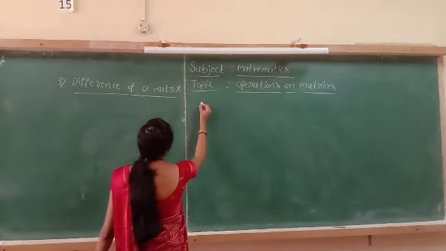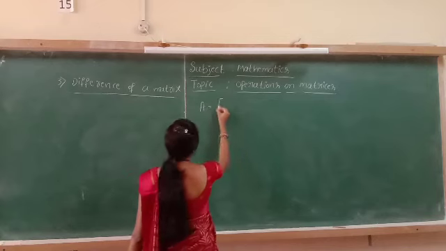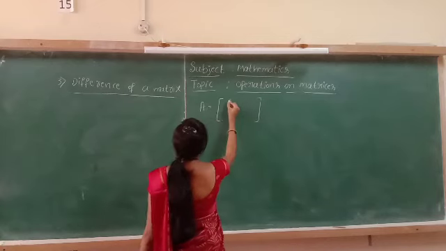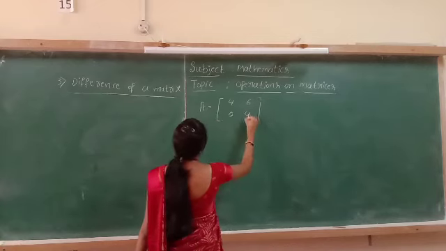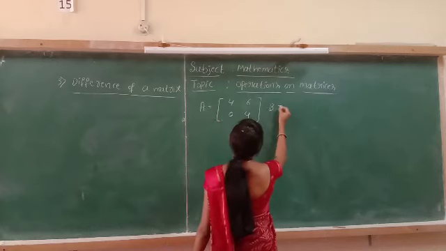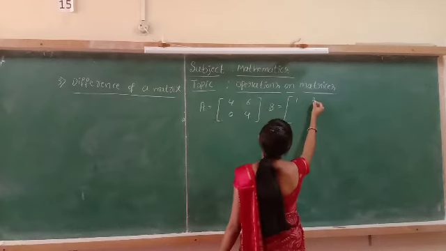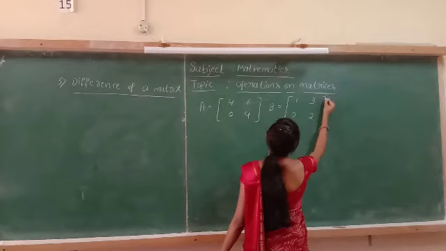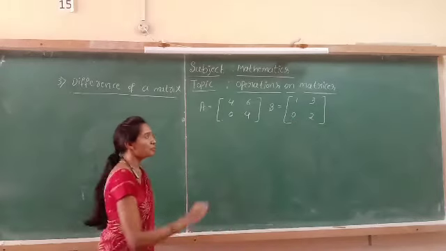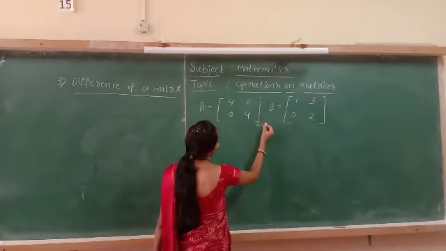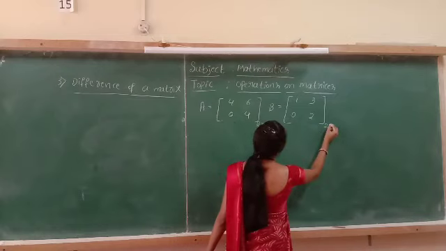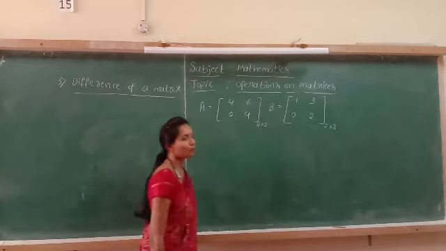Let capital A be 4, 6, 0, 4 and capital B be 1, 3, 0, 2. So capital A has the order 2 cross 2, and capital B also has the order 2 cross 2.